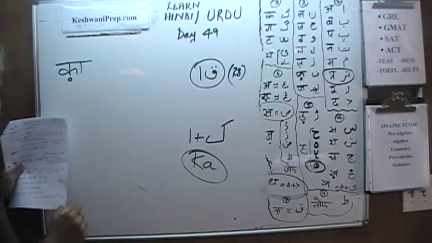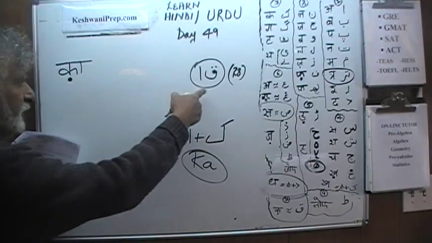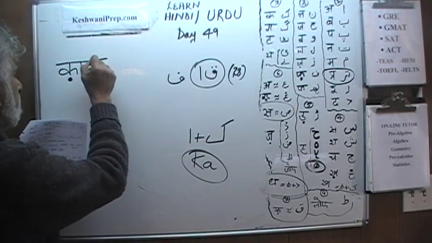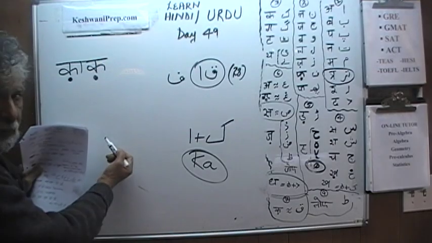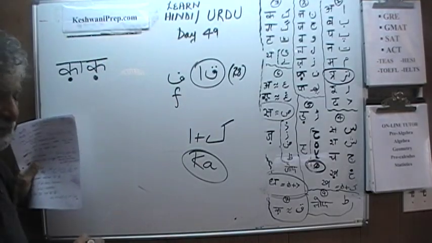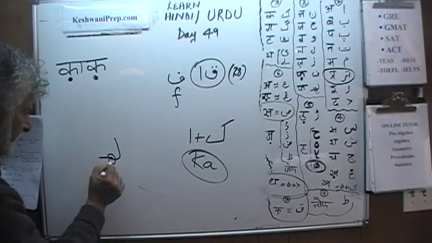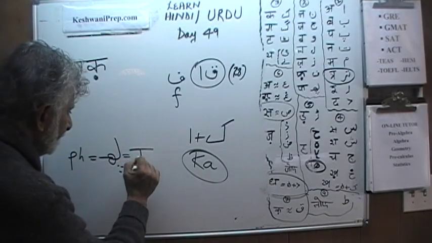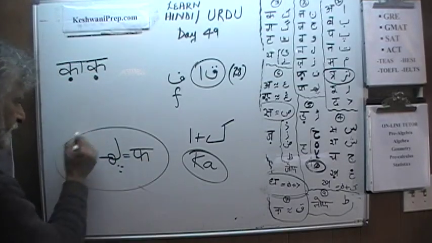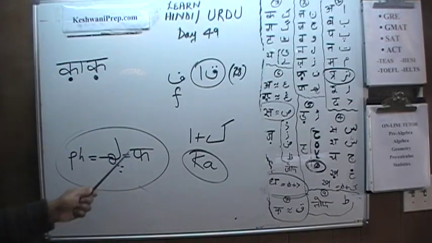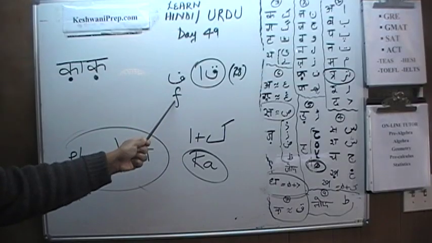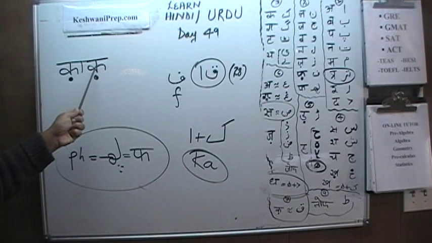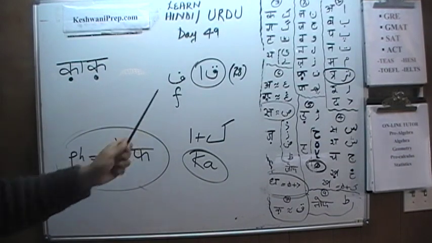So we need to put a dot here to remind ourselves that we're dealing with a Q and not a K. Qa, F. Again a dot underneath that one to remind ourselves we're dealing with F, not PH. PH would have been simply this. That's a PH. This spelling calls for the letter F, which does not exist in the Hindi language. So we put a dot underneath to remind ourselves that this is not PH, this is the letter F.